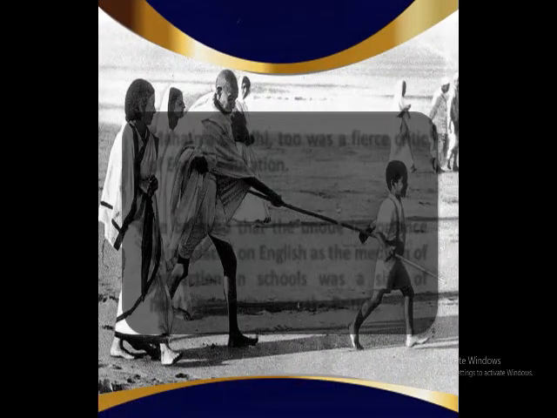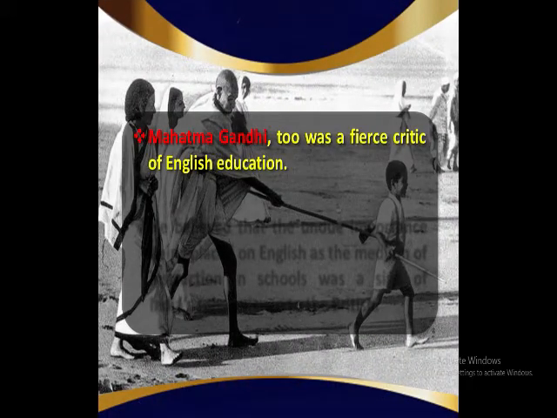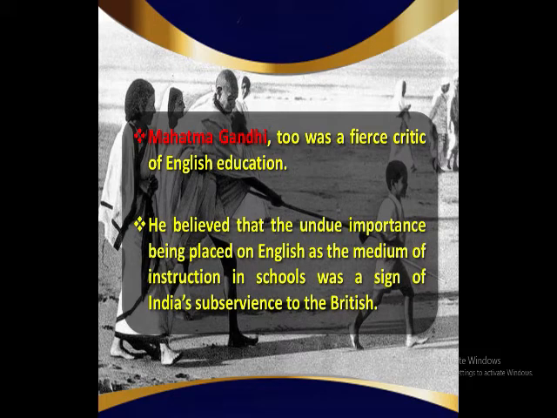Next, Mahatma Gandhi too was a fierce critic of English education, and he believed that the undue importance placed on English as a medium of instruction in schools was a sign of India's subservience to the British.